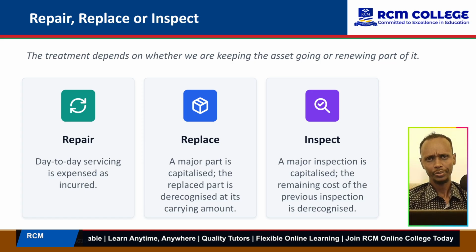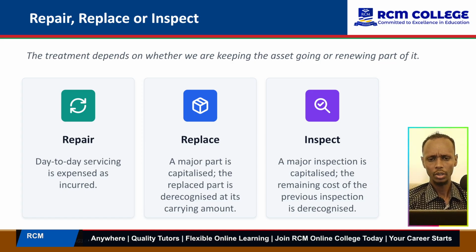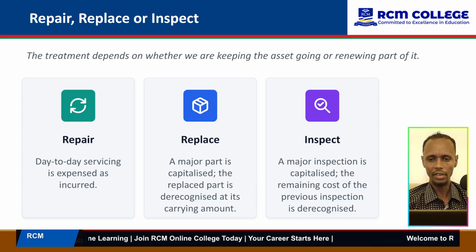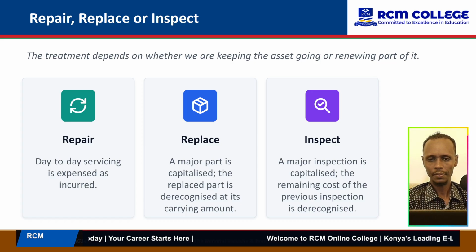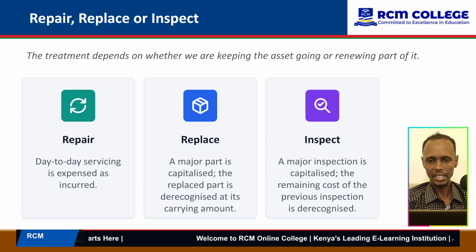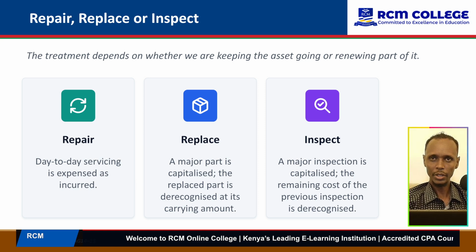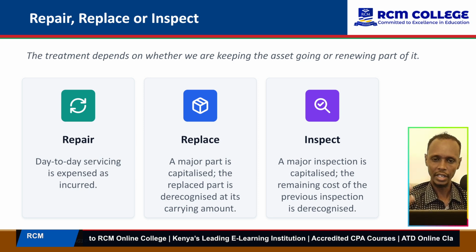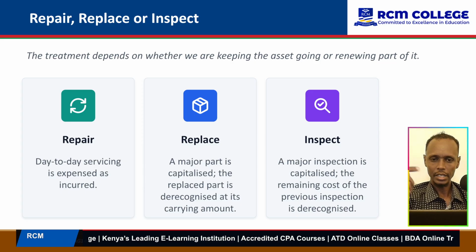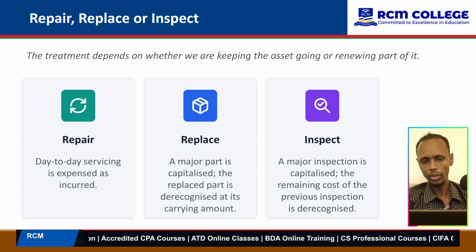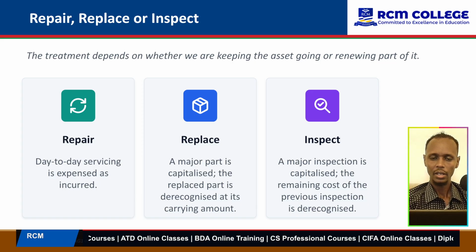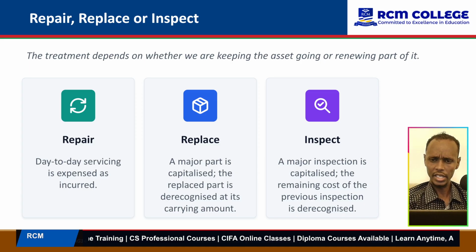For example, KQ normally does inspections on their aircraft, and such inspections we normally capitalize. Those regular inspections happen after 2-3 years. So if an inspection was done, say, 3 years ago and you have not fully depreciated it, then you derecognize the whole old inspection, the cost and the accumulated depreciation, and recognize the new inspection.